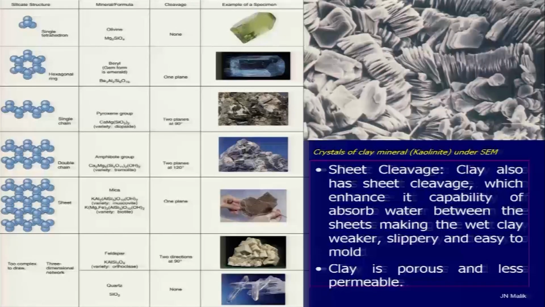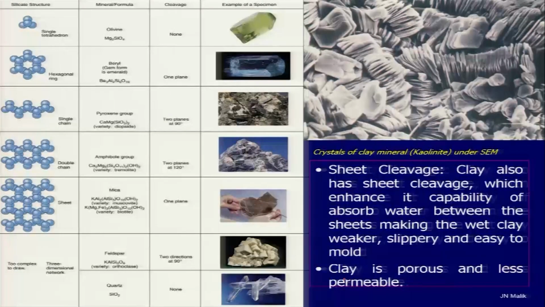So, this is a typical property of the clay. It has a sheet cleavage. Clay also has a sheet cleavage which enhances its capability of absorbing water between the sheets, making the wet clay weaker, slippery and easy to mold. So, clay is porous and less permeable.